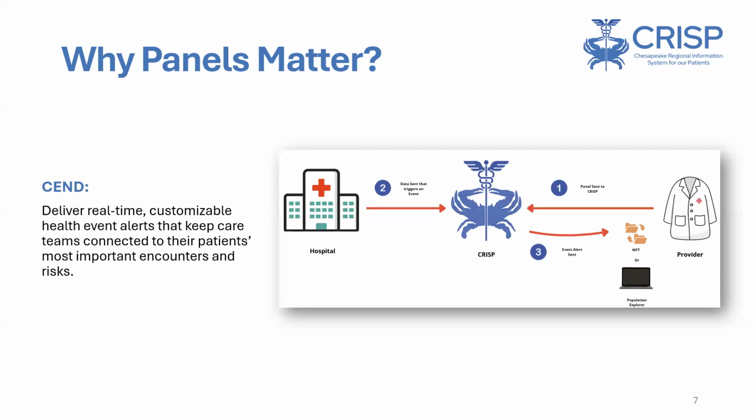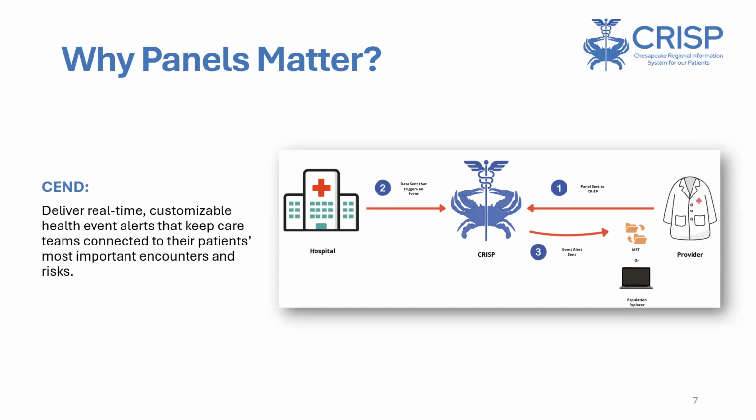Essentially, when you send us your panel, we establish that these patients are part of your active roster that you have a treatment relationship with. We run that through our master patient index and set that aside, and we know that your organization is responsible for these patients.